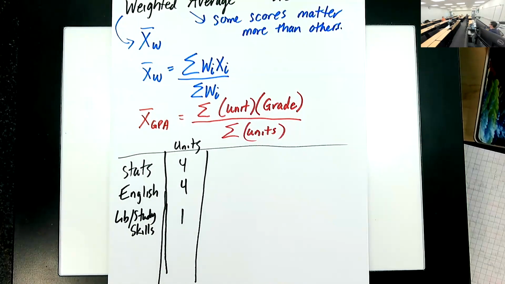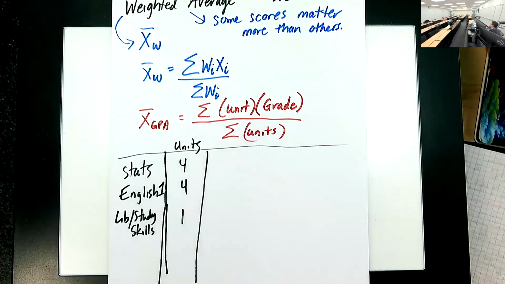Now let's say this is your first semester and you're gonna knock out English 1 and stats. I think they're supposed to make students take this the first semester. This is library 1. Let's say you want to get above 12 units. Our units frequently have like 3 units, right?